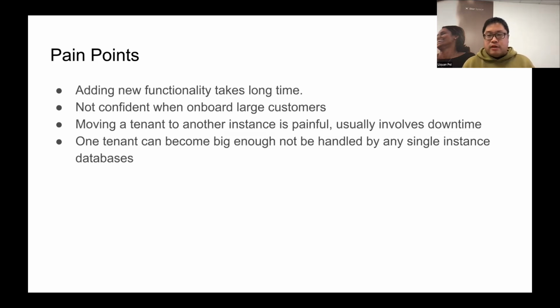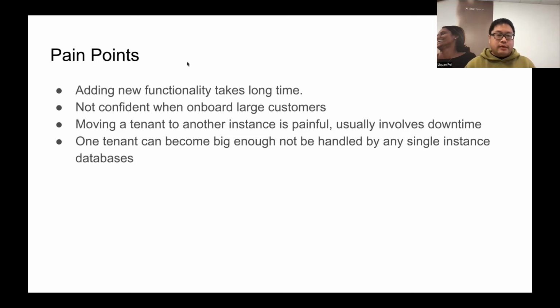Their sales teams work very hard and sign some deals, but from the engineering side, they are not really confident, when onboarding large customers, whether their system can sustain that. Mainly because of capacity planning. You don't know whether the database service has enough capability to handle the workload.